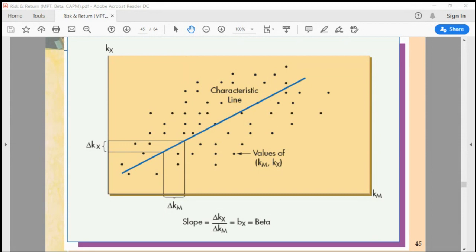We are continuing our discussion about how we measure risk, especially the systematic risk, right?